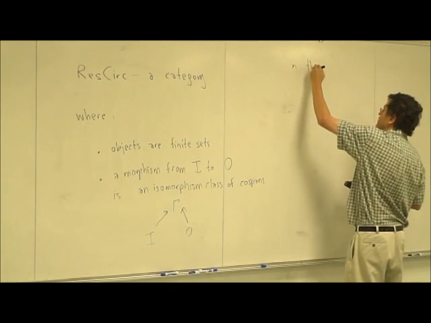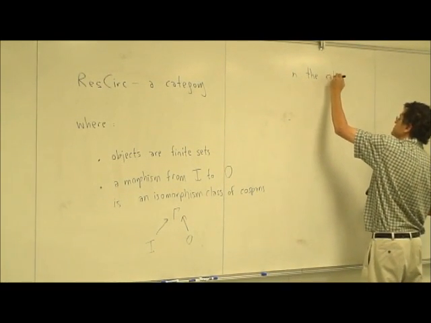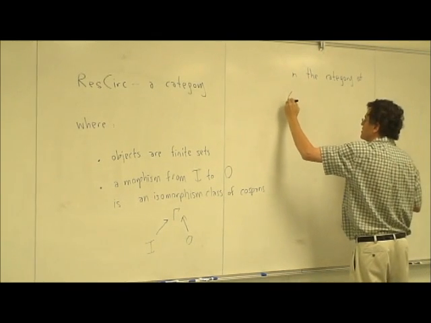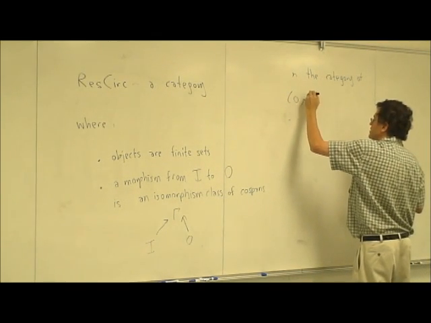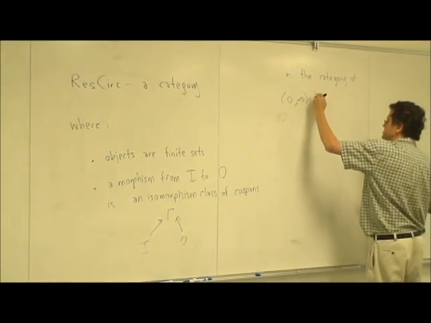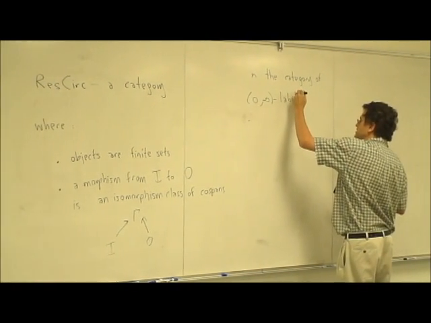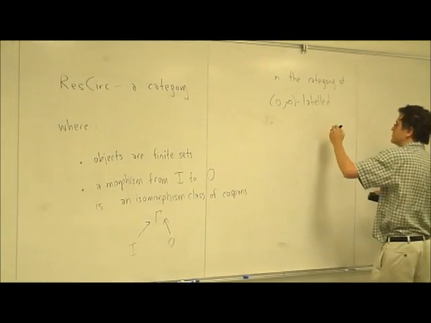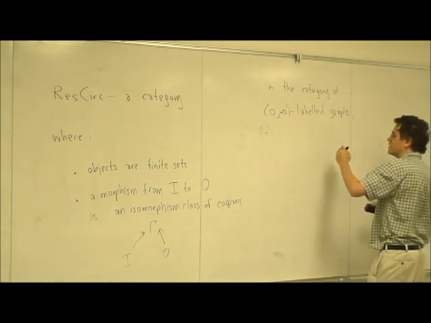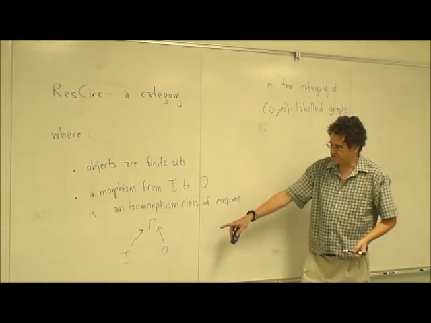So this diagram here is in the category of graphs where the edges are labeled by resistances. A resistance is a number from 0 to infinity. And how do you think of a finite set as a graph?